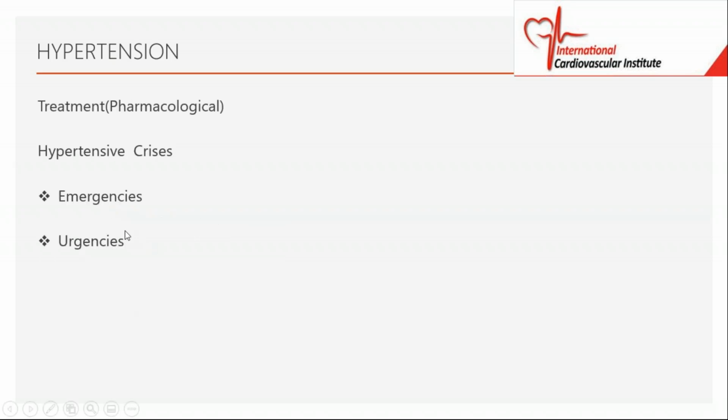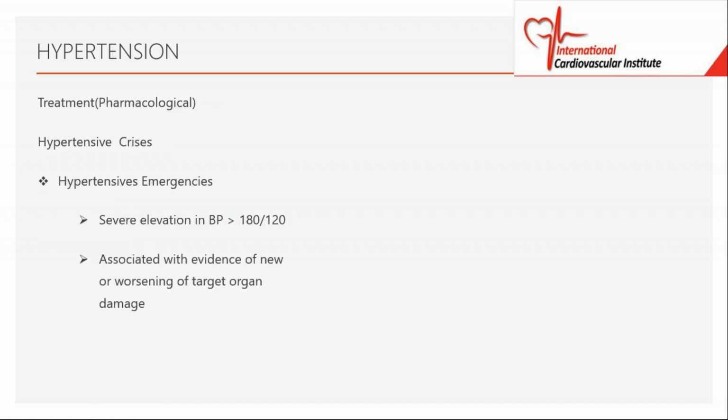So when something is emergent, you have to deal with it right away. When something is urgent, yeah, you can deal with it soon, but it's not as vexing a thing to do right away. So the definition for hypertensive emergencies is when you have a blood pressure greater than 180 over 120, and there is evidence of new or worsening target organ damage.